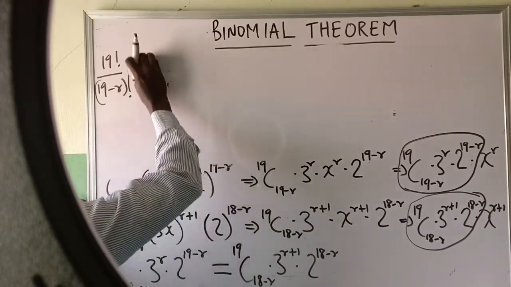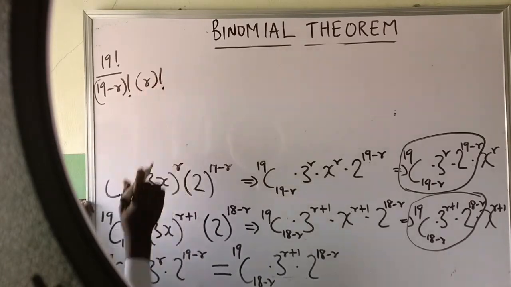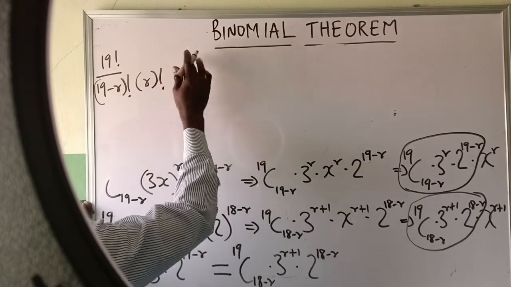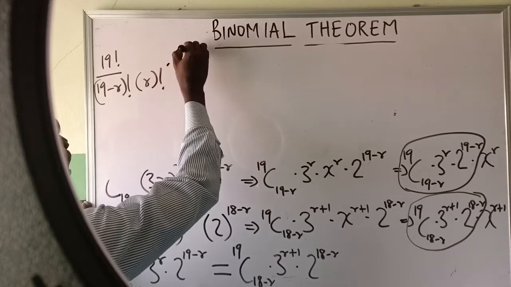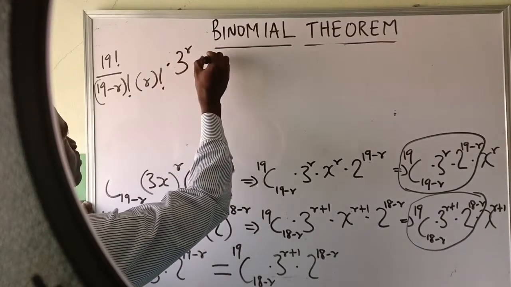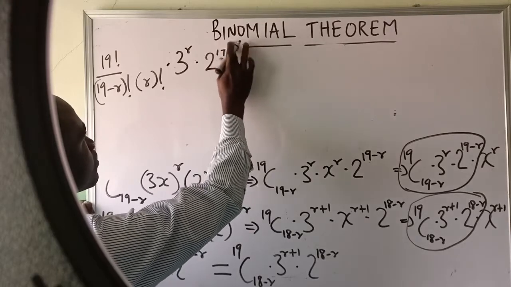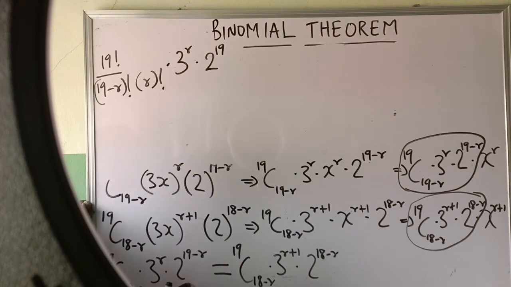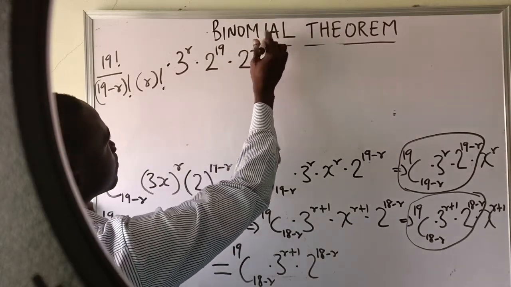So we can clean it and write r factorial, times 3 raised to the power of r times 2 raised to the power of 19. Now, law of indices, times 2 raised to the power of minus r.